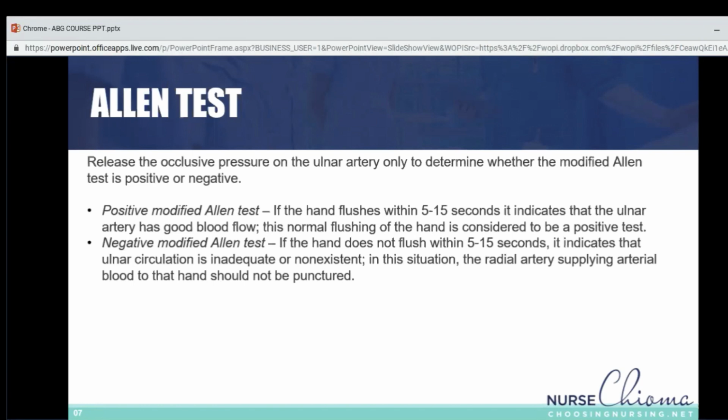A negative modified Allen test is if the hand does not flush within, and you need to be patient with the time frame too, within the 5 to 15 seconds, then that indicates that ulnar circulation is inadequate or non-existent. And in this situation, the radial artery supplying the arterial blood to that hand should not be punctured. All right, should not be punctured.